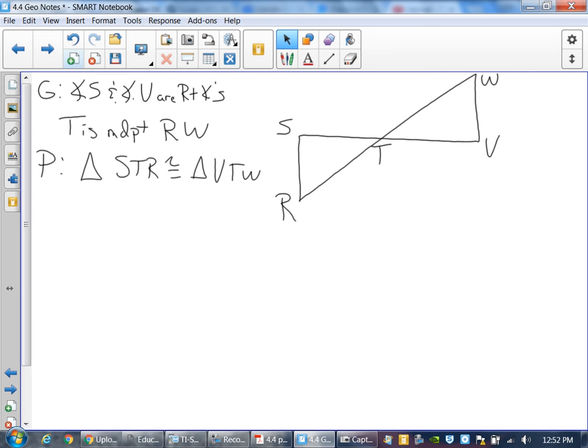Write that down. Write that down, draw the diagram, and see where it leads us.